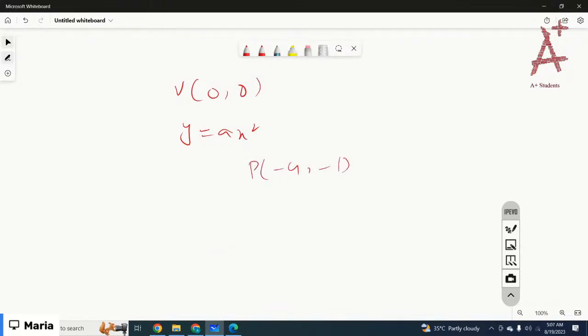Just put the point in the equation and calculate the value of a. It would be -1 equals a times -4 square. That would be a times 16 equals 1. So a equals 1 over 16. So the equation would be y equals 1 over 16 x square, right?